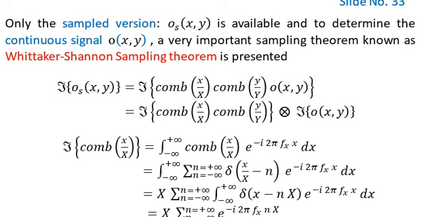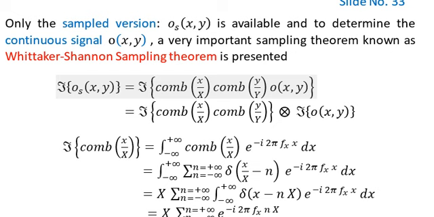Only the sampled version o_s of x, y is available, and to determine the continuous signal o at x, y, a very important sampling theorem known as the Whittaker-Shannon sampling theorem is presented. So let's take the Fourier transform of the equation above. The Fourier transform of the sampled signal is equal to the Fourier transform of the right hand side, which contains two comb functions multiplying the continuous signal o.